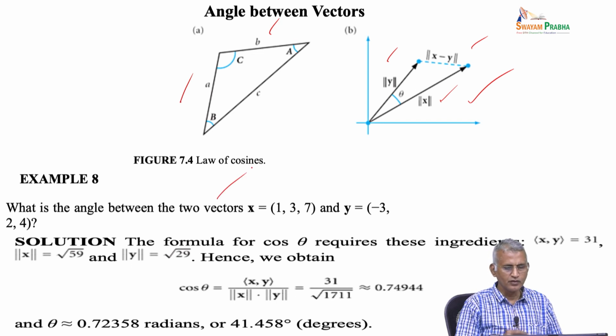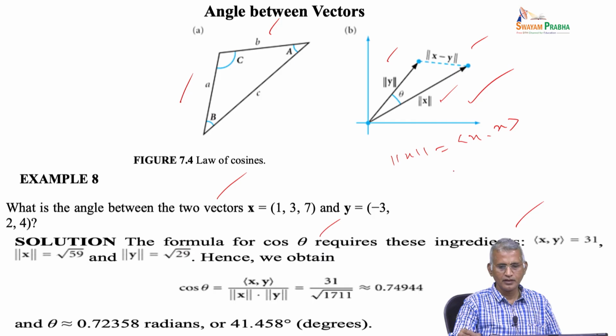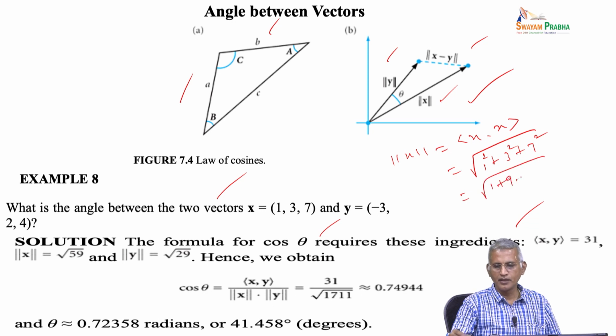What is the angle between the two vectors x equal to 1, 3, 7 and y equal to minus 3, 2, 4? The solution: the formula for cos theta requires these ingredients. x comma y equals 31. Norm of x is the square root of inner product x comma x, which is the root of 1 square plus 3 square plus 7 square, root of 1 plus 9 plus 49, equal to root of 59.